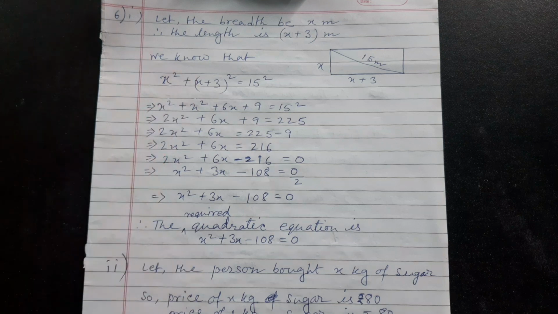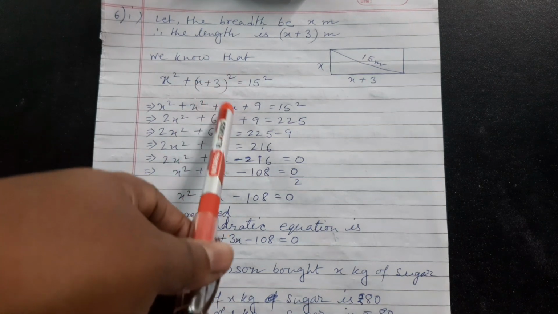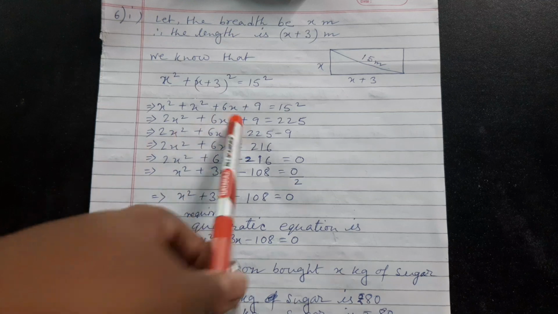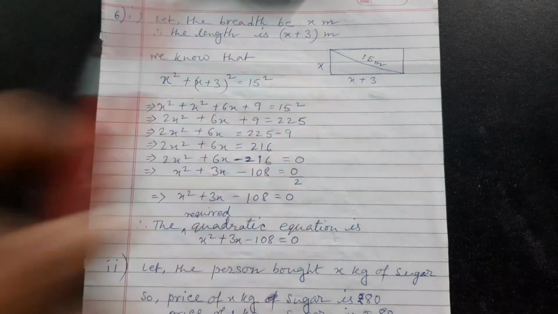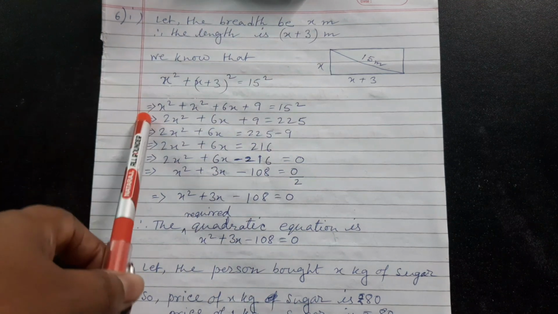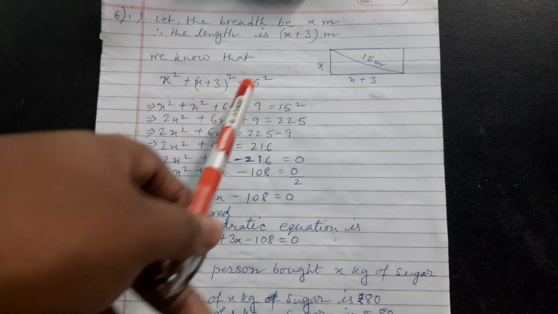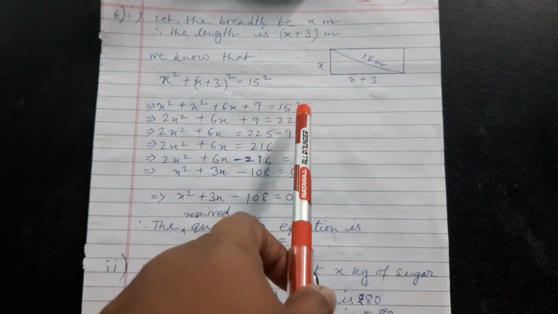Now open this bracket. It is the (a plus b) whole square formula and the whole equation will be x square plus a square, meaning x square, plus 2ab, meaning 2 into 3 into x, that is 6x, plus 3 square, that is 9, equals 15 square. x square plus x square, that is 2x square, plus 6x plus 9 equals 15 square, means 225.